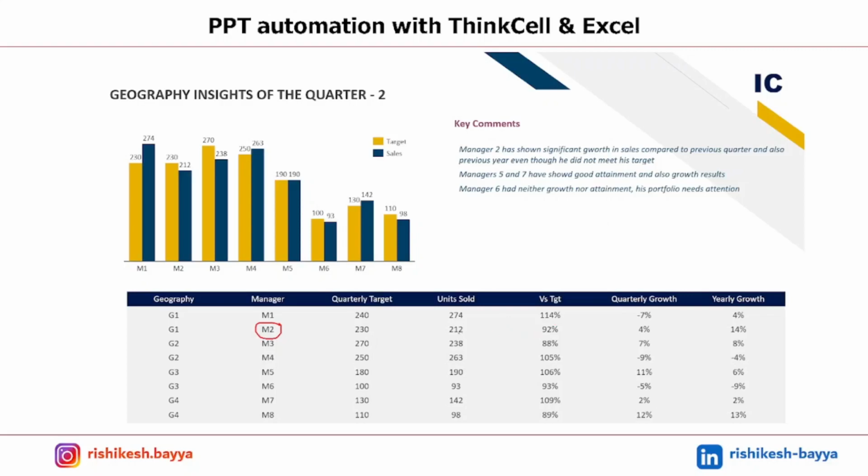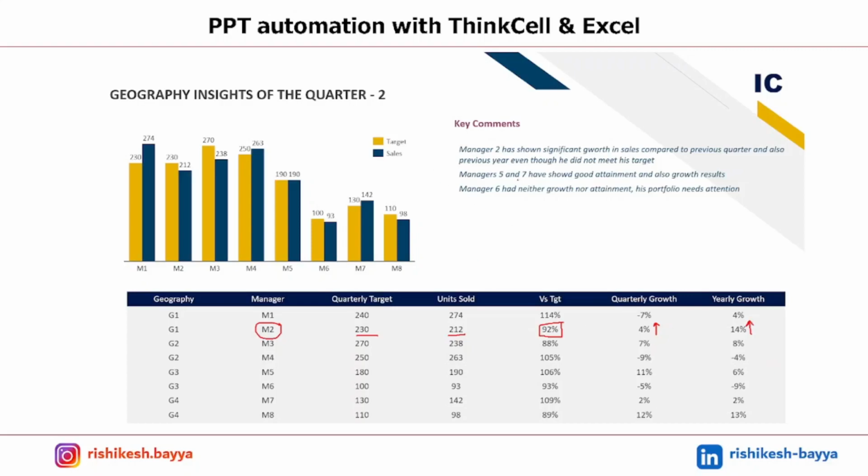So he's saying that his sales are less than targets, right? That is why his attainment is less than 100%. But we are saying that his growth compared to previous quarter and also previous year has grown, right?